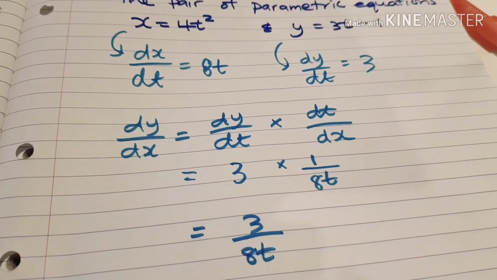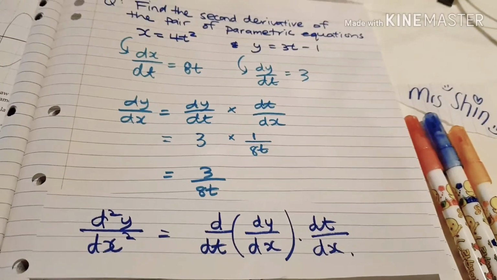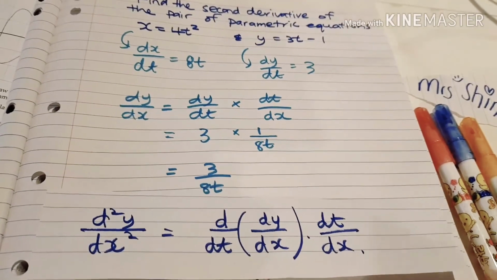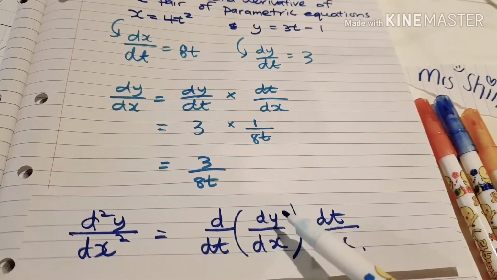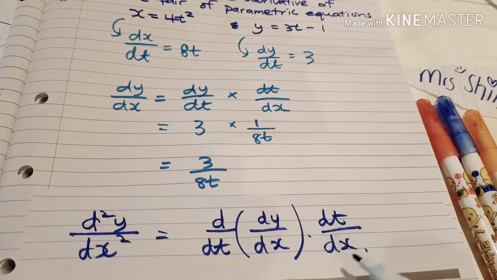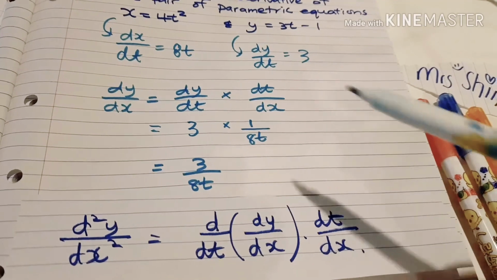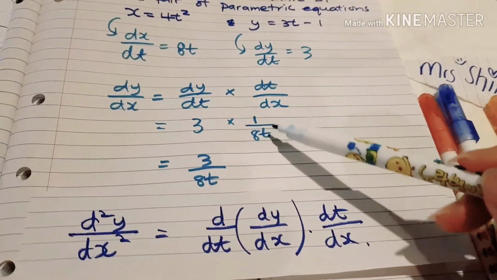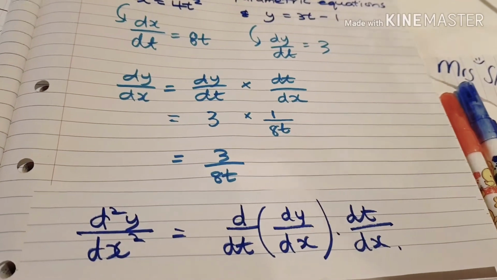So there you go, my dy over dx will be 3 over 8t. Okay, so if we come back to this equation, right, we found out dy over dx, and we know dt over dx, okay, dt over dx was 1 over 8t, right, so we can calculate the rest.